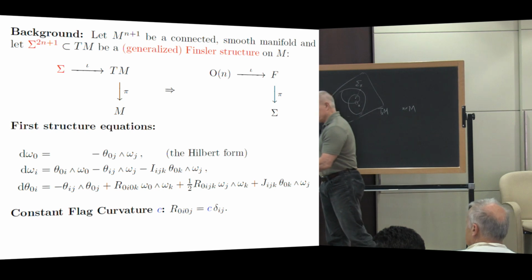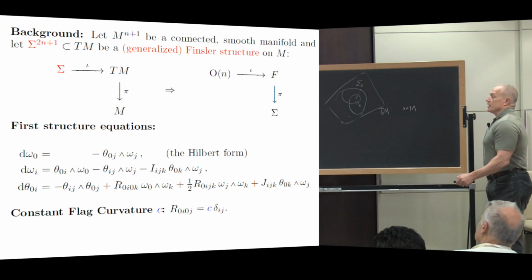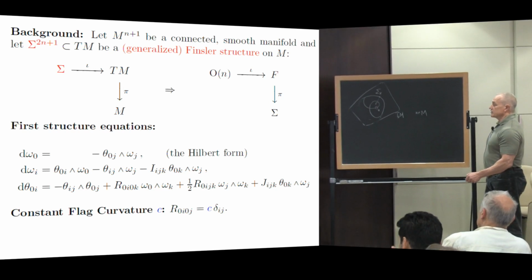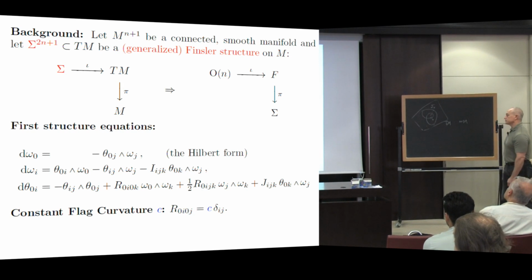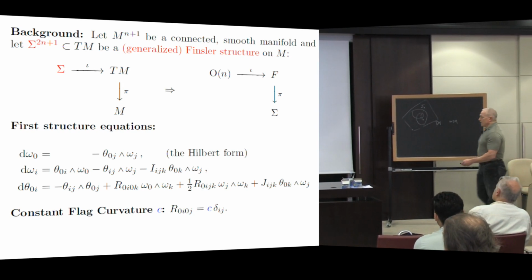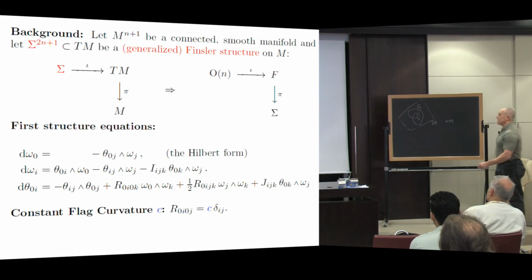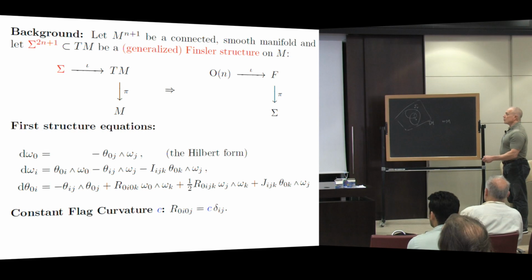So prescribed constant flag curvature, even for a Finsler metric, is, even in the case n equals 1, that is on the surface, actually a 4th order equation for this hypersurface sitting in the tangent bundle. It's a determined equation when n equals 1.